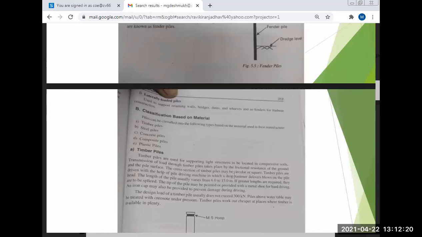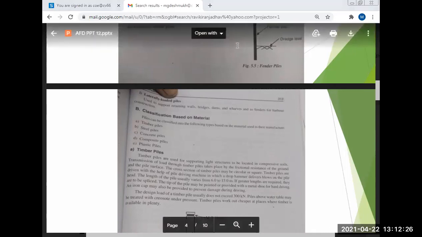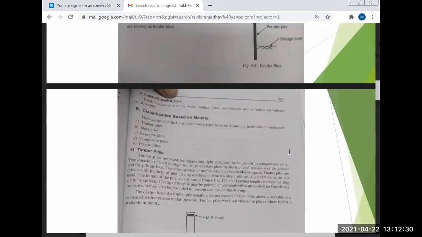Based on function, what the particular type of pile is doing, what is its main objective, based on that we study the piles in detail. That is end-bearing pile. Second is friction pile. Third is compaction pile.